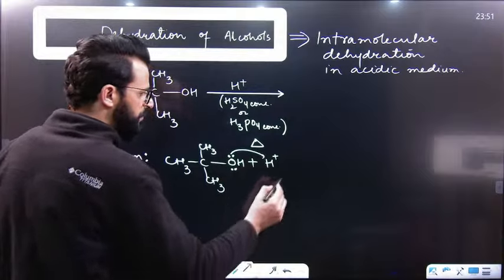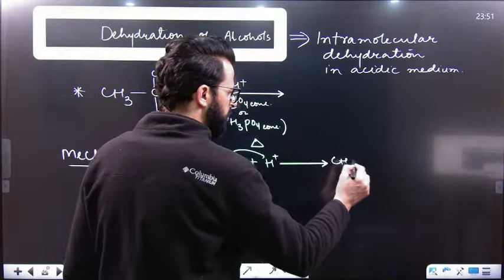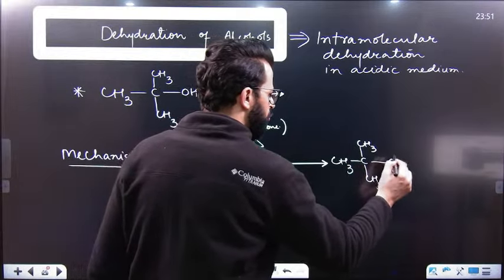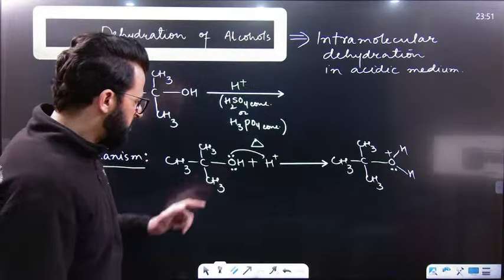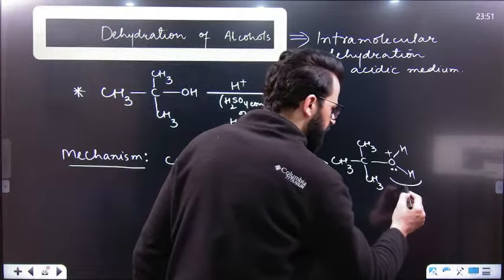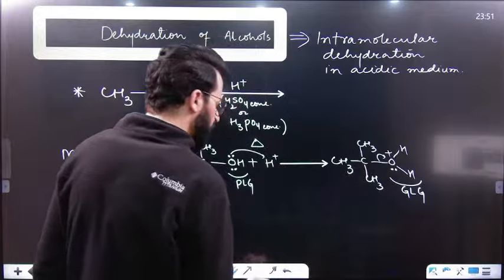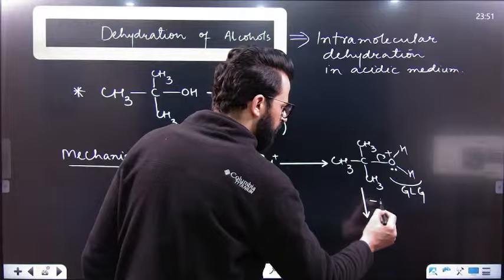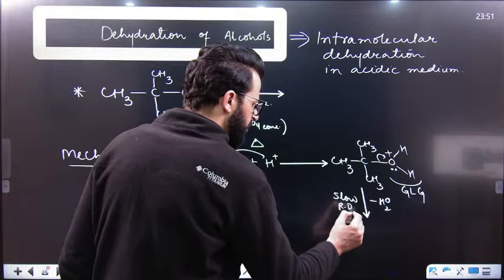When it reacts with the acid, it results in the formation of CH3, C, CH3, then OH2 with a positive charge. Now, this is a poor leaving group, and this is a very good leaving group. This leaving group will leave and result in the formation of a carbocation. This step is the slowest step and hence the rate determining step of the reaction.